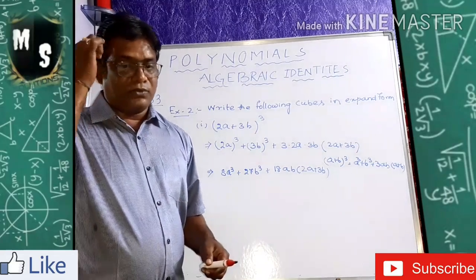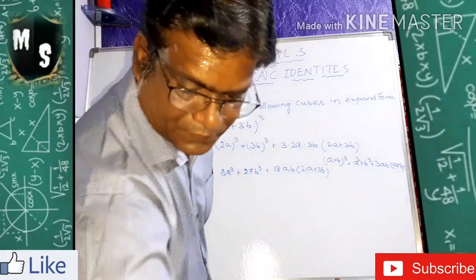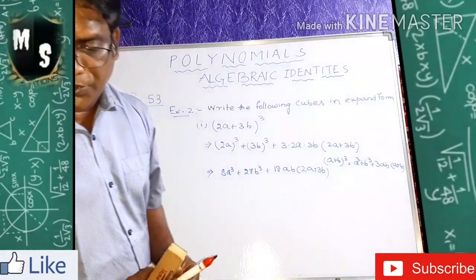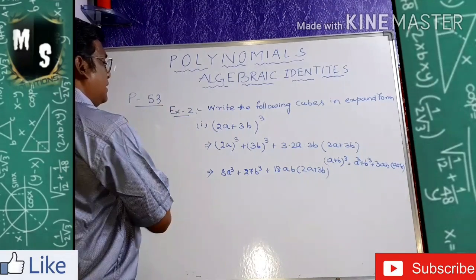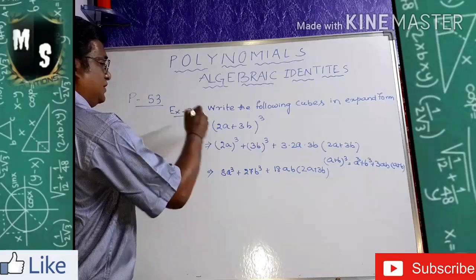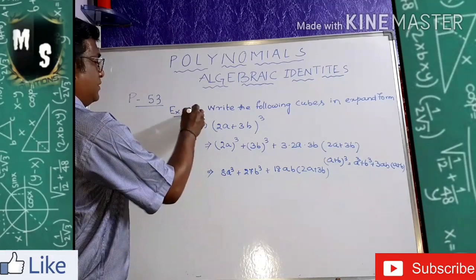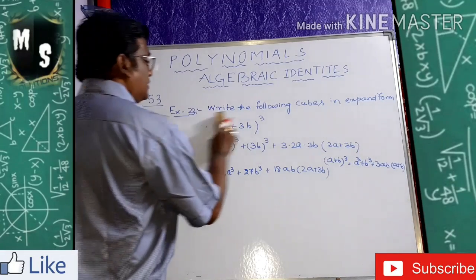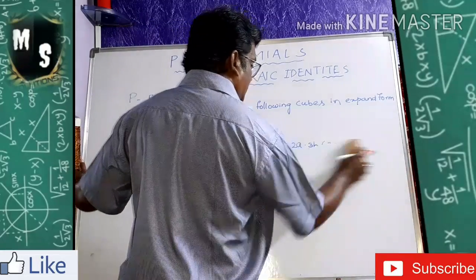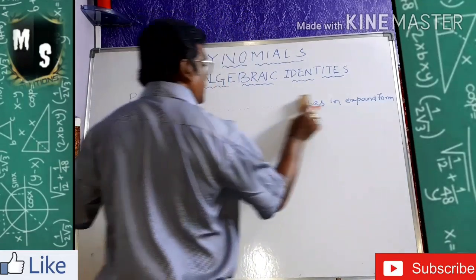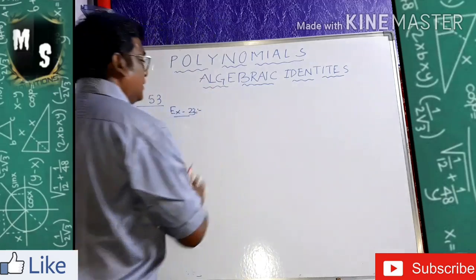Let's go for another sum, example number 23 in your book. Example number 22 was this, and another one is example number 23. When we do example number 23, what is said?